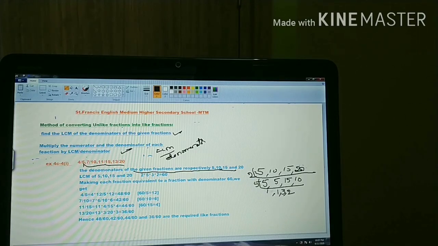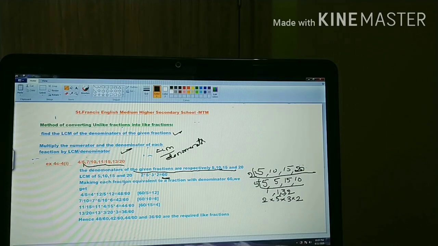Now 2, 5, 3, 2. 2 into 5 into 3 into 2, how much? That is 60. Here it is, 60 is our LCM.